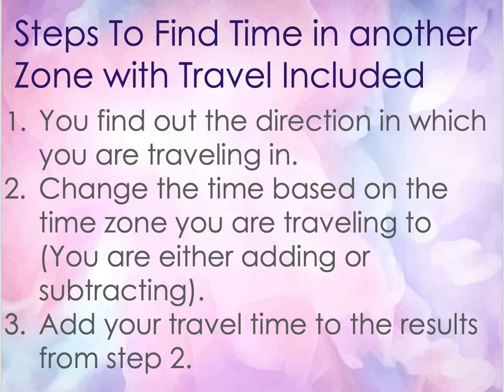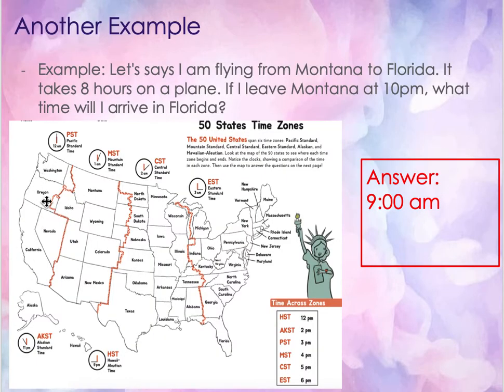So if you go from the west side to the east, you're going to be adding. If you go from the east to the west, you're going to be subtracting, right? And that's if you go any direction to the west. So even if I'm here and I go to the west, I have to subtract, okay? So anytime I'm going to the right, I add. Anytime I'm going to the left, I subtract.